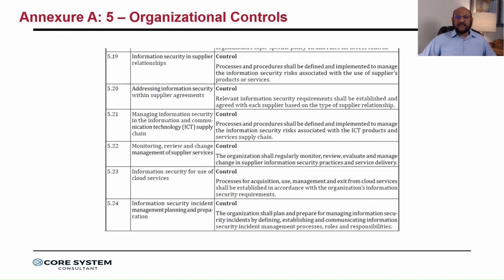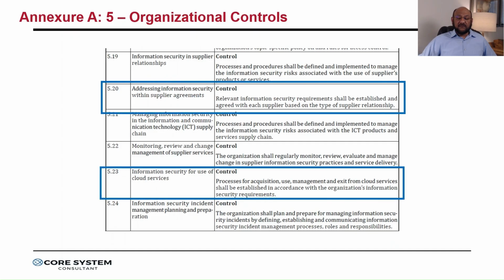Then moving further ahead, you need to focus on the supplier agreements, which is 5.20 and goes in tandem with 5.23, which is information security for use of cloud services. Now, with cloud services, we have big giants like AWS, Azure, and Google Cloud Services. So the contracts and the terms and conditions are pretty standard with them, and there's nothing much you can do about it.